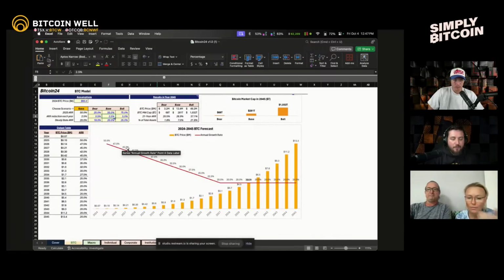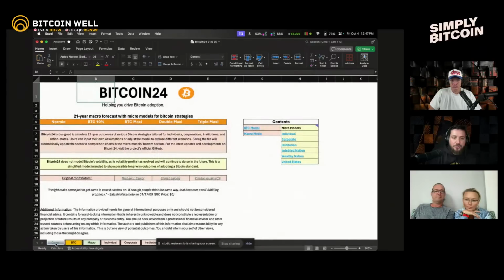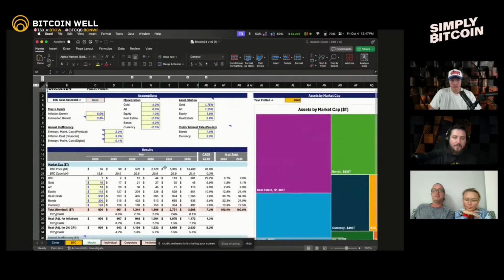The year after that, 45%, 42%. And then it kind of levels out at roughly 20% by the year 2037. So these are all numbers that you can play with depending on how bullish you are, what you're trying to speculate, and this will allow you to kind of plan the future.